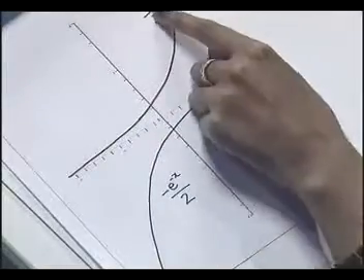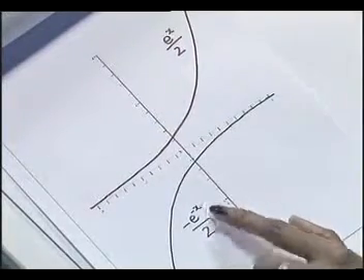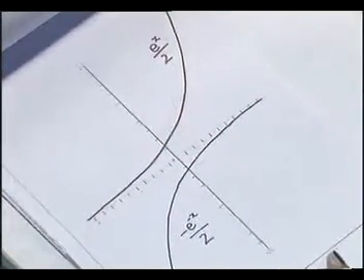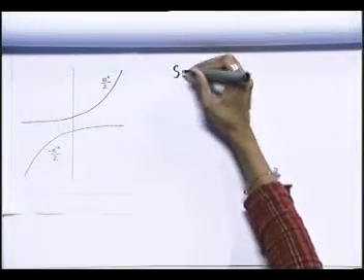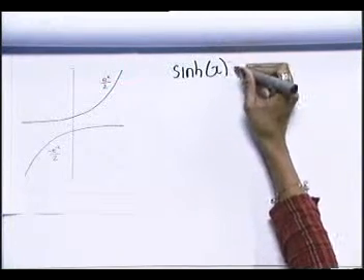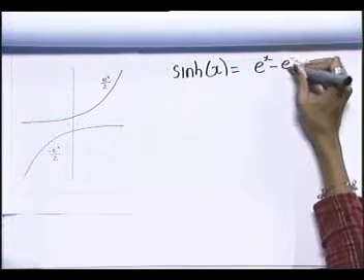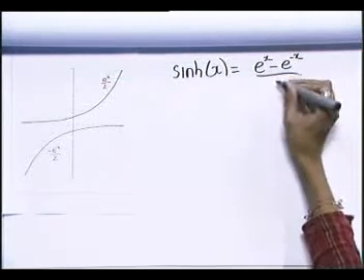Now let's deal with the graph for shine x. This time to help me, I've got a graph of e to the x over 2 and minus e to the minus x over 2. Let's see what happens when x equals 0. I'll just remind you that shine x is e to the x minus e to the minus x over 2.